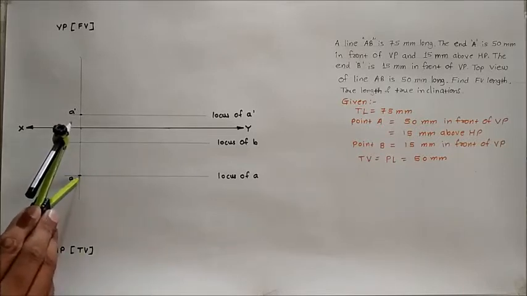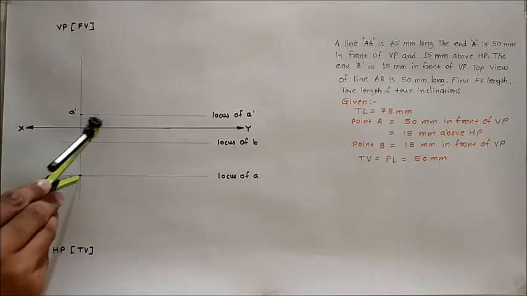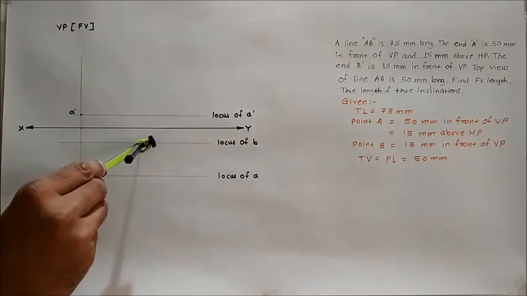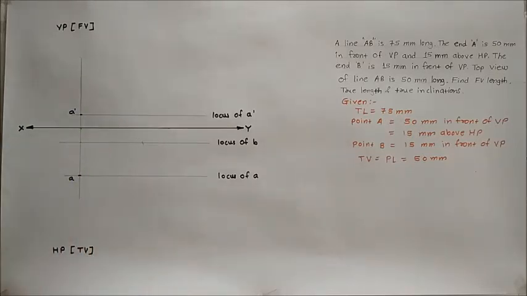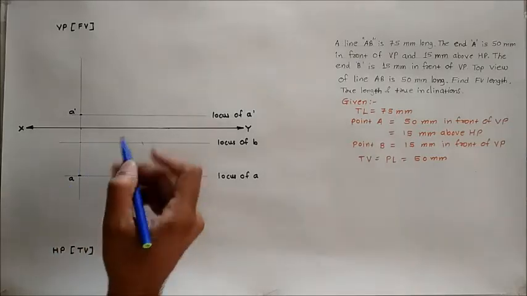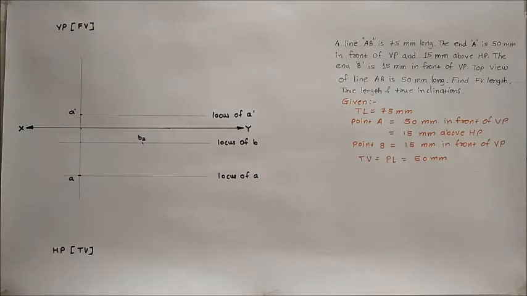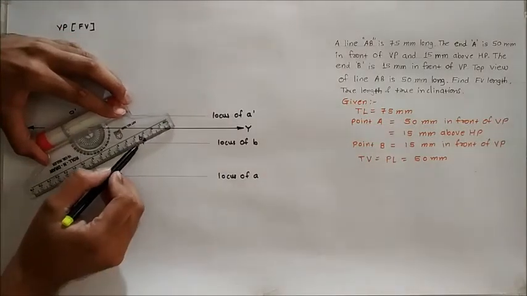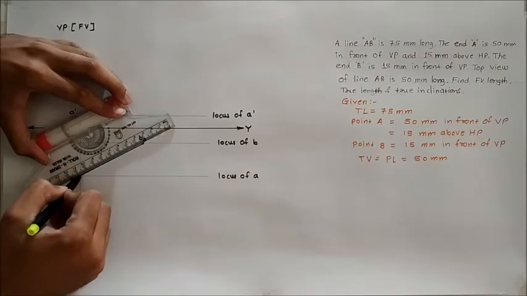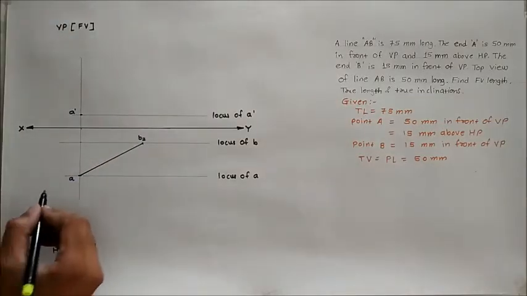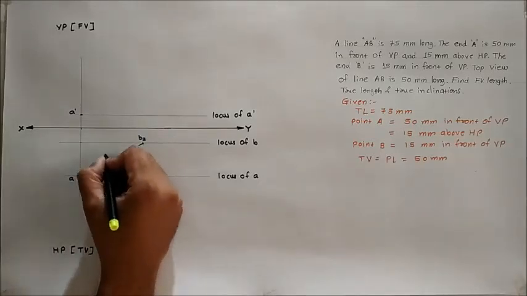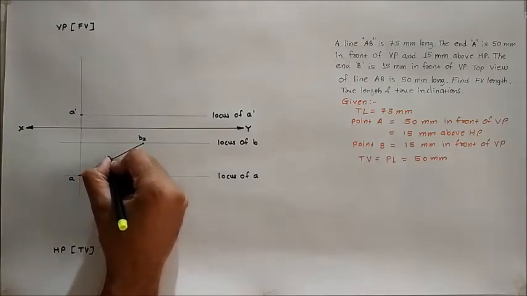Keep your compass at point A and mark a point on the locus of point B. Give the nomenclature to that point as B2. Then join A to B2, which is the true length of this line. This AB2 is the true length of the line, TL.